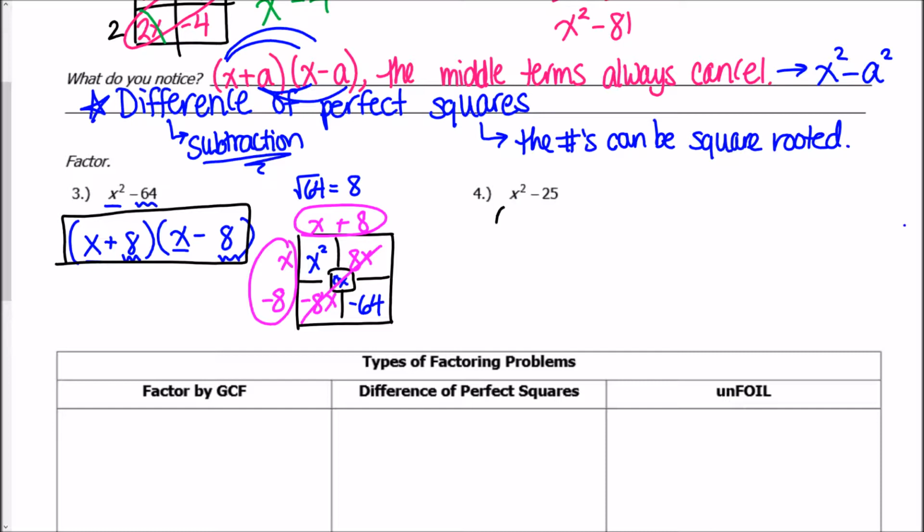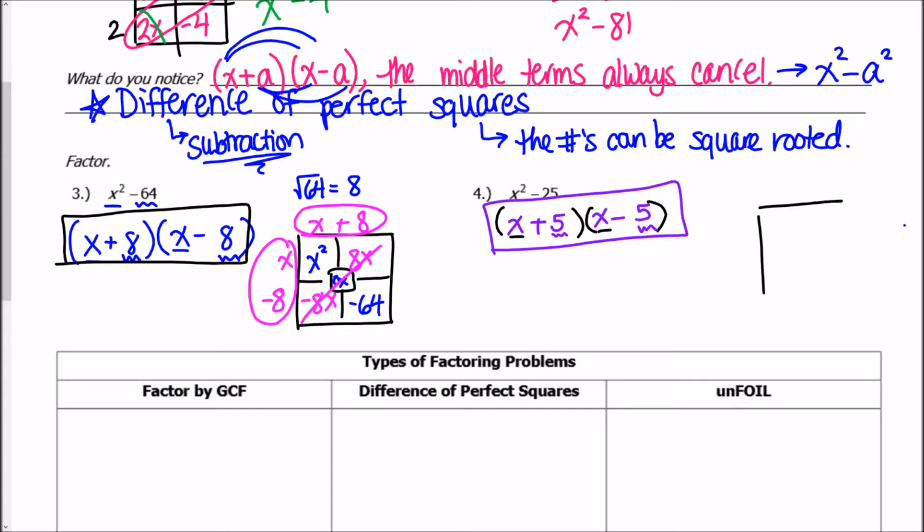So if we take a look at this next one right here, this times this has to give me x squared. So x times x will give me x squared. And then this times this has to give me 25. So it has to be 5 times 5. Okay, and then one of them has to be plus and one of them has to be minus. So this is my answer here.